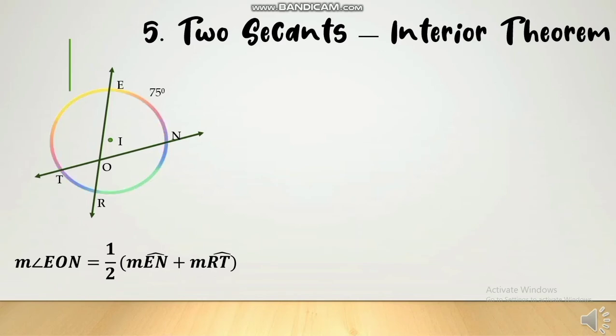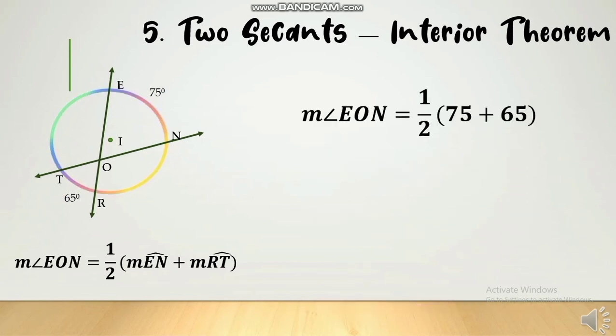Dahil yung dalawang angles, yung angle EON at angle POR ay vertical angles, ibig sabihin pareho ng measure. So for example, the measure of arc EN is 75 and the measure of arc RP is 65.